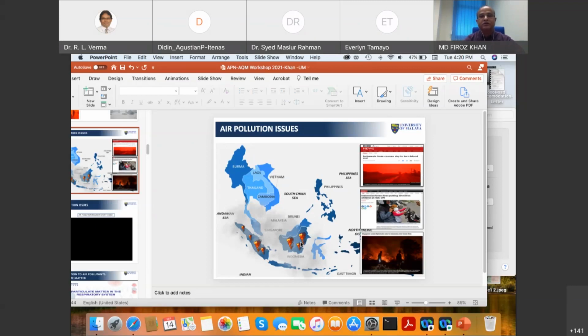Sometimes we don't see it from the source, but slowly it keeps coming into the air. And it is not only the black smoke, it also causes the emission of greenhouse gases, right?